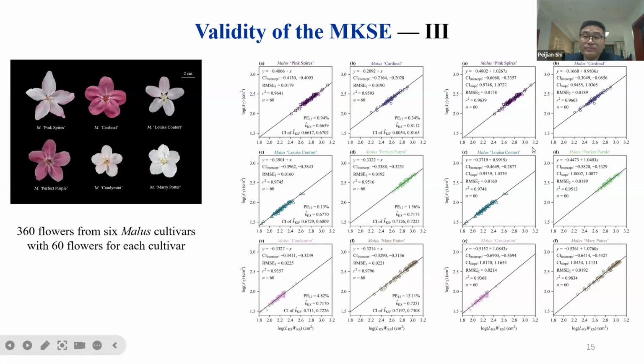The right column shows fitted results using the power law relationship. We can see the slope includes one, which validates the MKSE. But for the other three cultivars, it is just so.